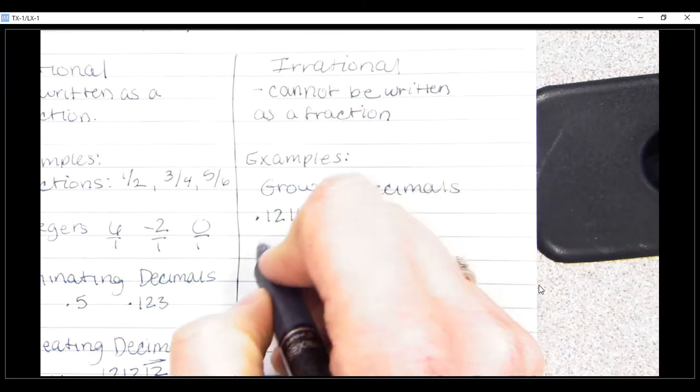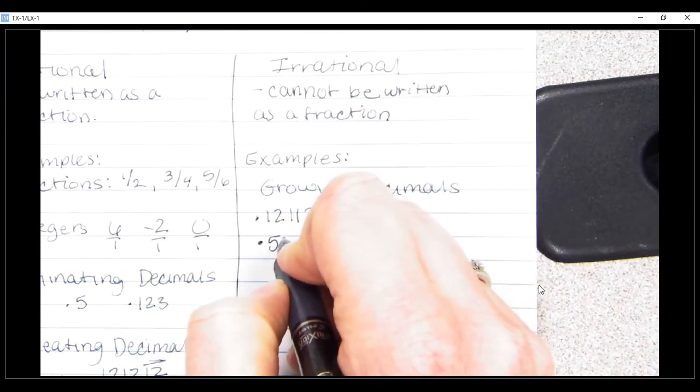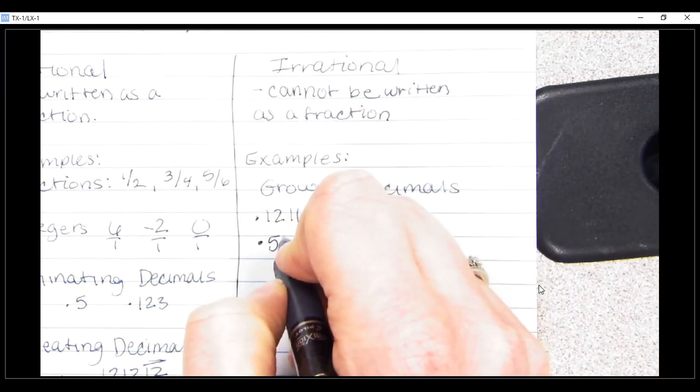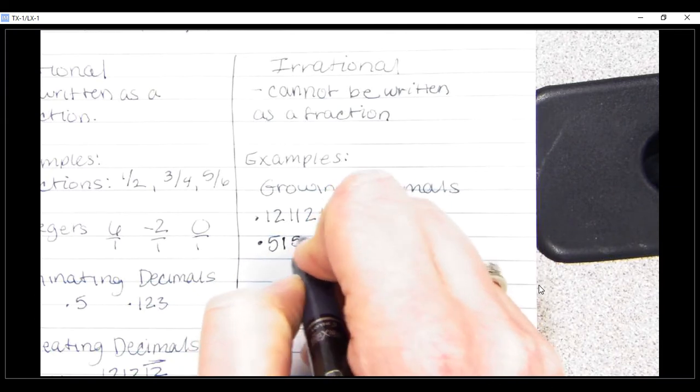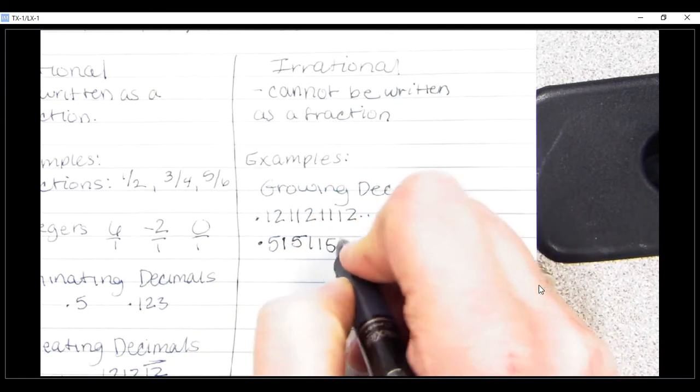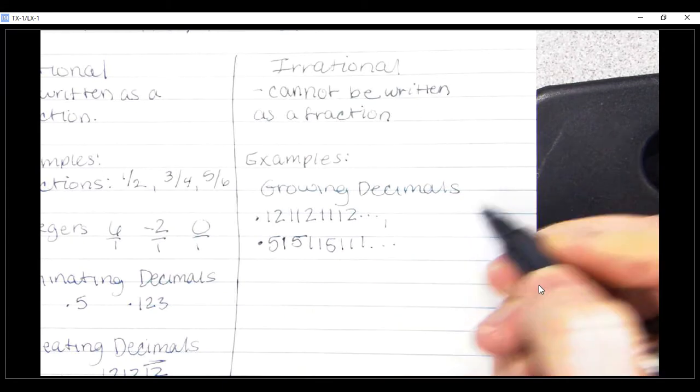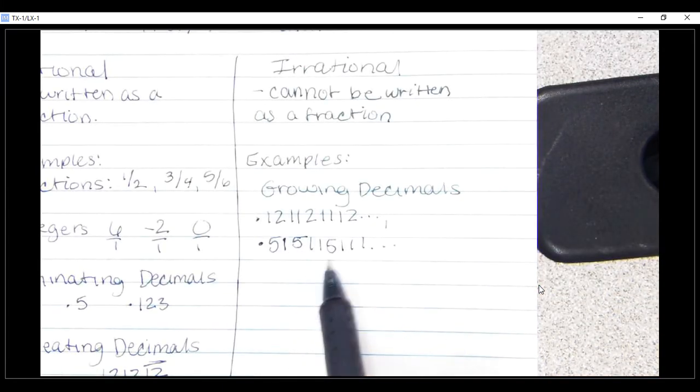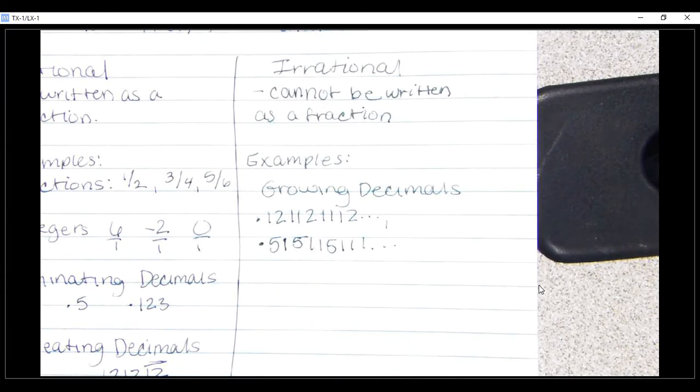Another example would be 5, 1, 5, 1, 1, 5, 1, 1, 1, and so on and so on. And again, the number 1 is increasing in the number of times that it's there. So it's looking for patterns. That is called growing decimals.